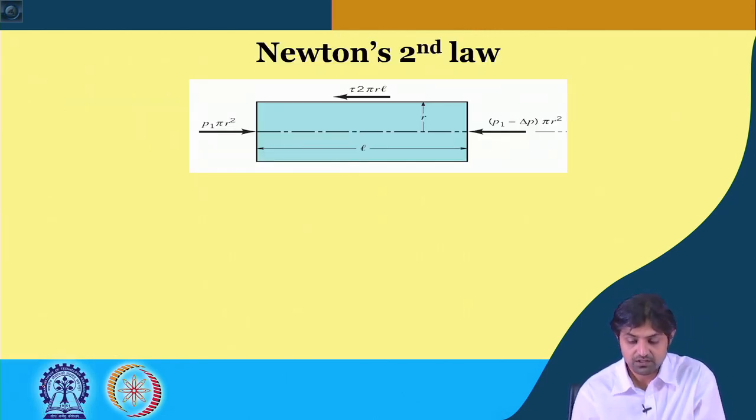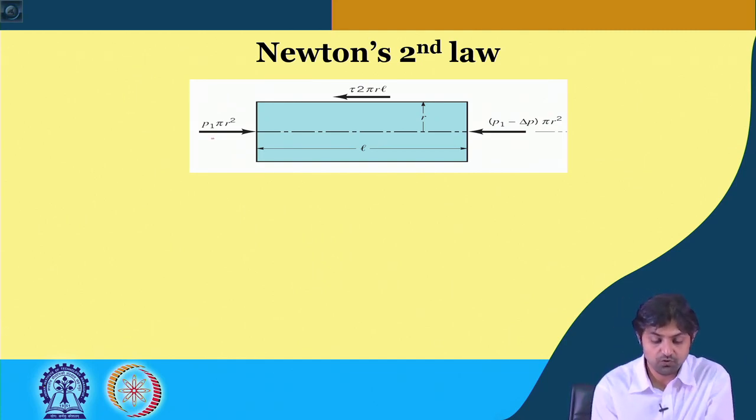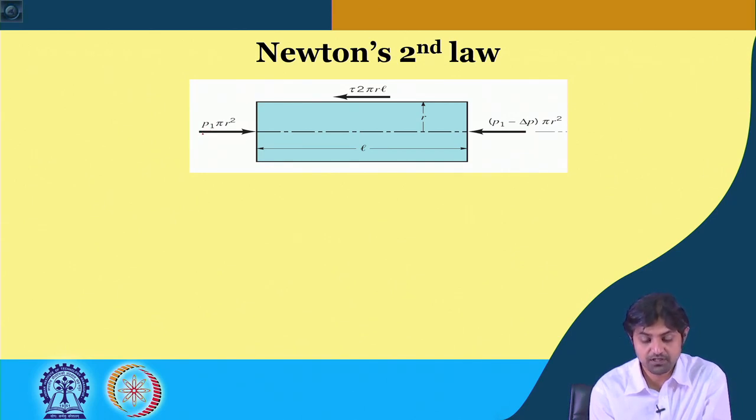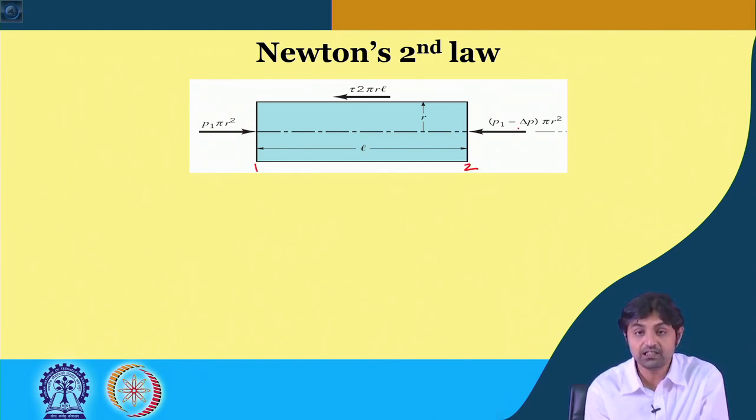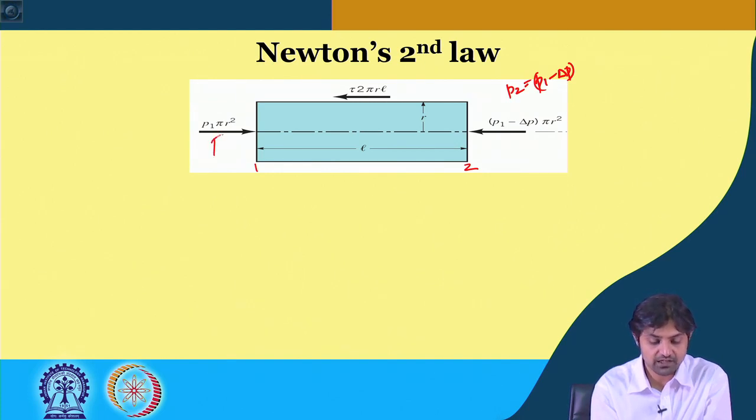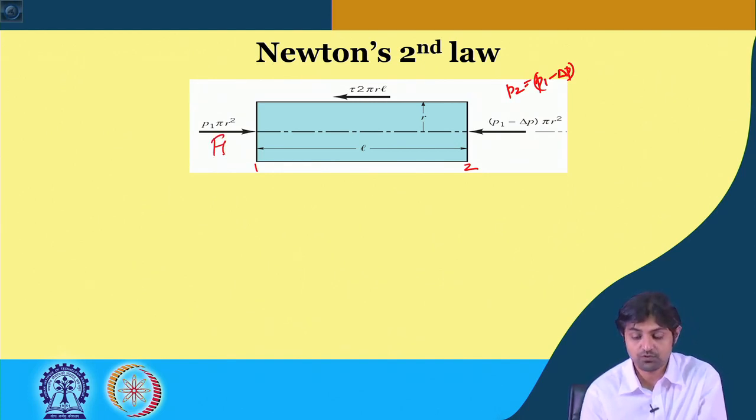All right. So, this is the figure for that element that we have drawn. The force acting from this side, if there is a pressure P1 on the left side at section 1 and this is section 2, and if we assume that delta P is the pressure drop, then the pressure here, P2, is going to be P1 minus delta P. And because of the viscous forces, if there is a shear stress acting called tau, then the force acting F1 will be pressure P1 into area.